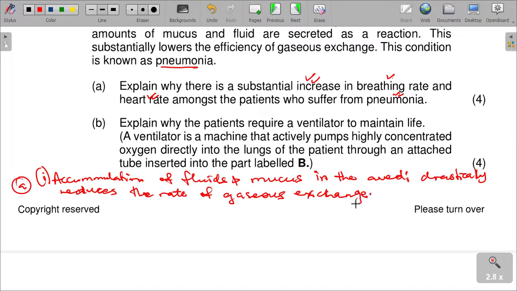This causes an increase in the carbon dioxide level and a drop in the oxygen level in the blood.